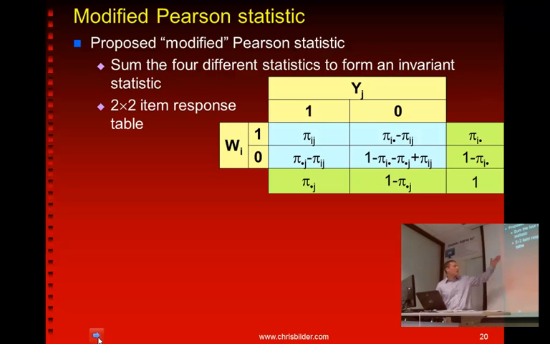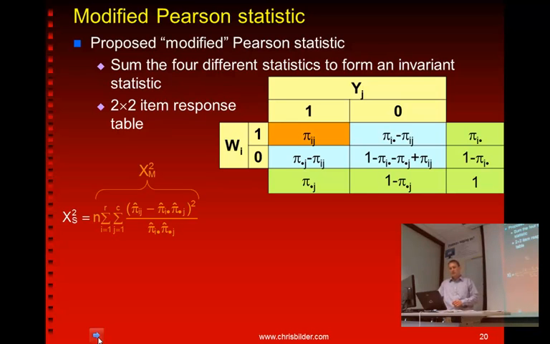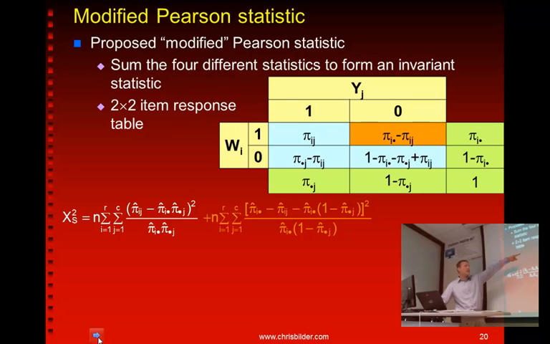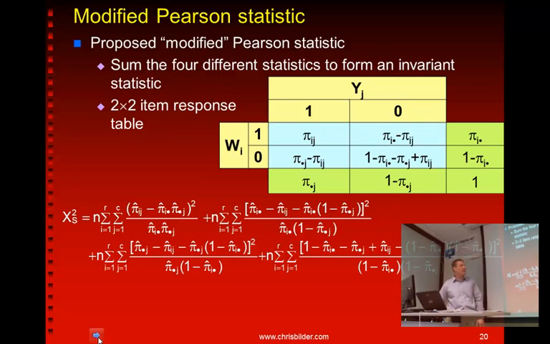So here's the 2x2 table that we saw before. My advisor's original recommendation then was this X squared M, written here. Notice how that focuses on the orange cell. But then if I go to the next orange cell, I could form the exact same kind of statistic, and then I could keep on going to the other 2 cells in the table, and here's my statistic.